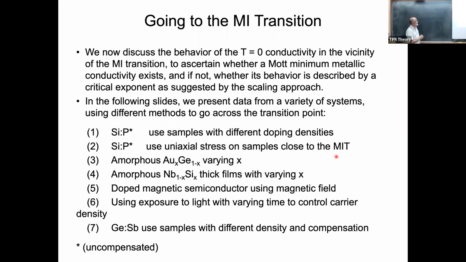Anyway, we will look at the data using different doping densities, different densities of phosphorus. We'll also use something known as uniaxial tuning. It turns out that because silicon is a many-valley semiconductor, the conduction band of silicon, if I plot the energy versus k, looks like this.